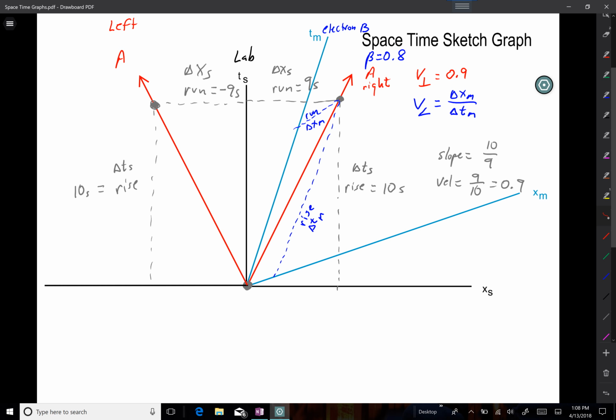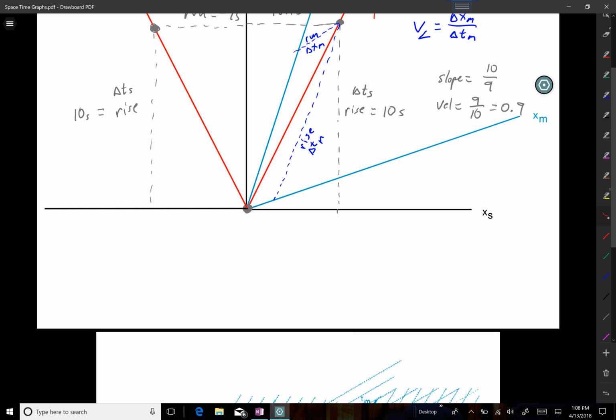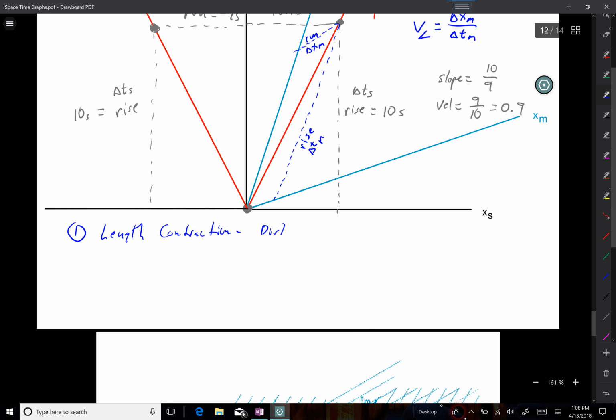Okay. So let me just make a comment. We got a test coming up soon. Here are the things that you have to know for the test. You need to know how to do length contraction. This is the distance between two world lines.